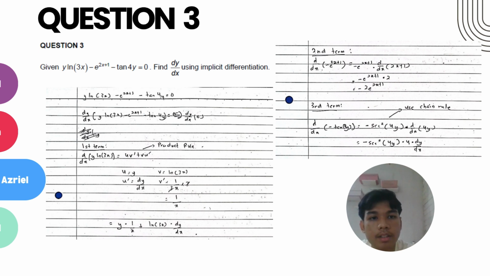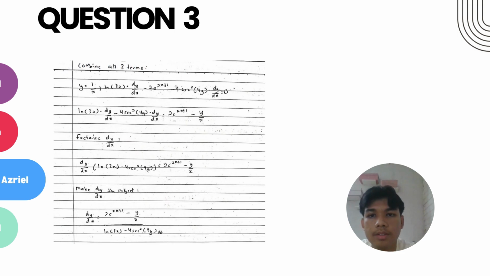By differentiating d/dx of 4y, we will get negative sec squared 4y times 4 times dy/dx. It is because when we differentiate 4y, we are going to get 4, and by differentiating y, we will get dy/dx.